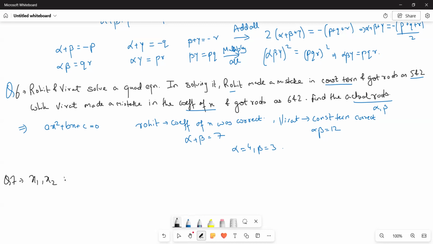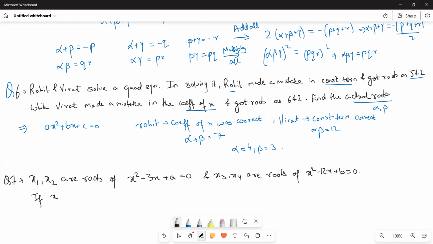If x1, x2 are the roots of x square minus 3x plus a equal to 0 and x3, x4 are the roots of x square minus 12x plus b is equal to 0.